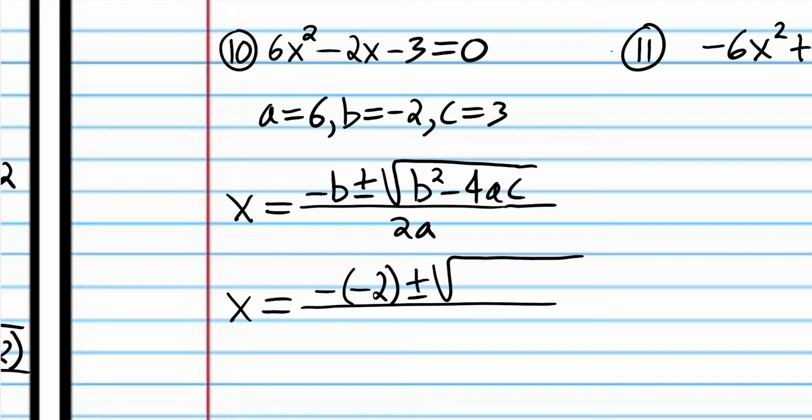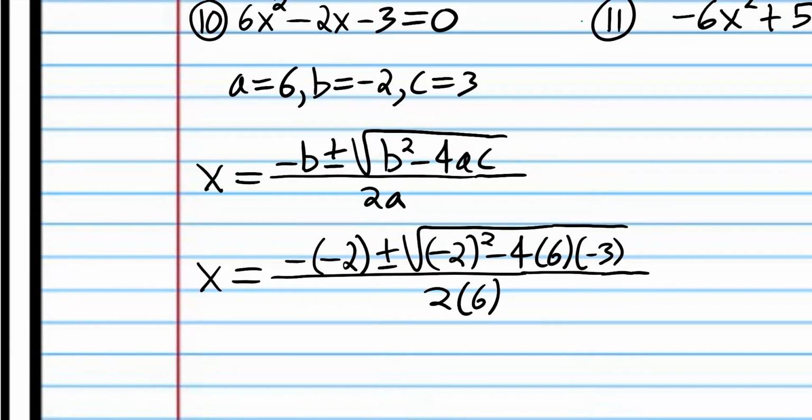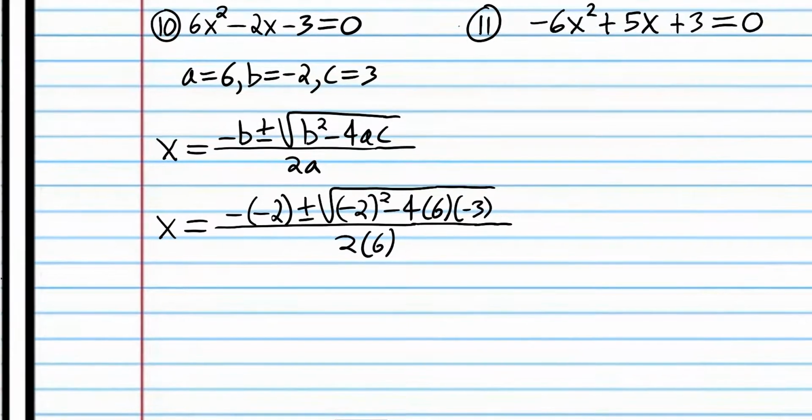The double negative is going to become a positive. Now we have -2 squared minus 4 times A is 6, and C is -3. And on the bottom we have 2 times A, and A again is 6. So we're just plugging those numbers in. So now we just have to simplify, and then we'll be done.